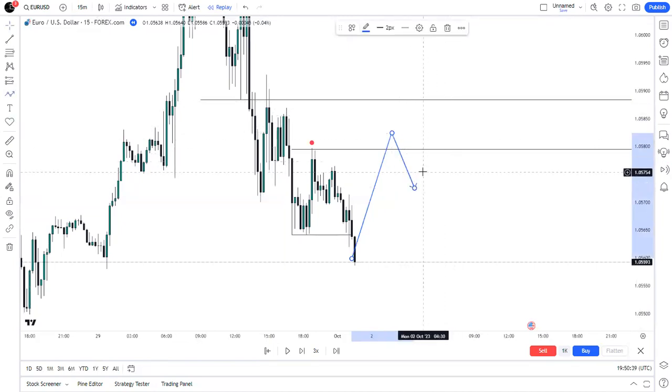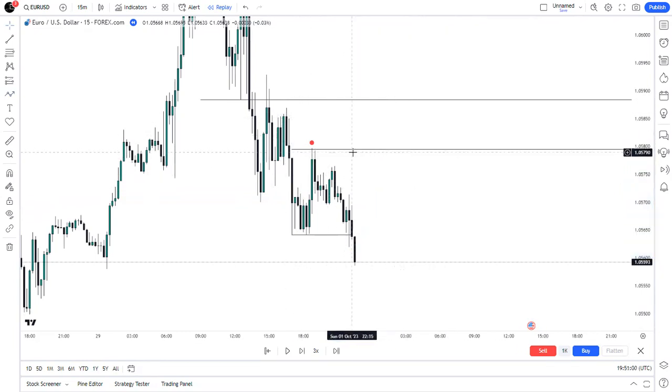Confluence means when you have a lot of things telling you the same thing. In this particular scenario, we have the fair value gap telling us that we'll most likely go for a sell, and then we have internal liquidity. These are two things giving us reasons to go for a sell from around this region.